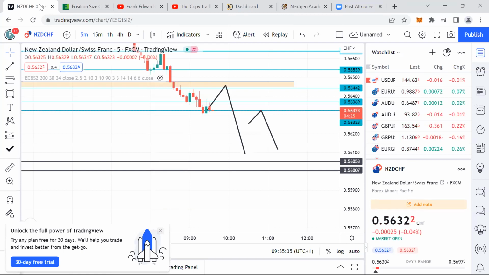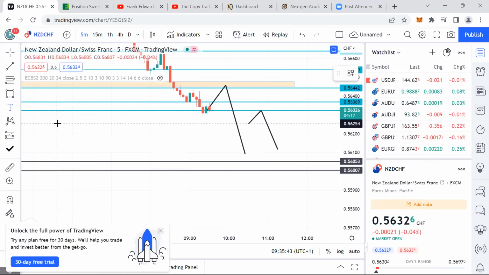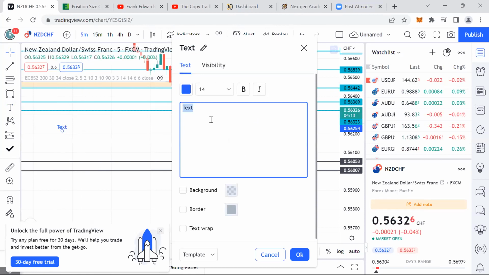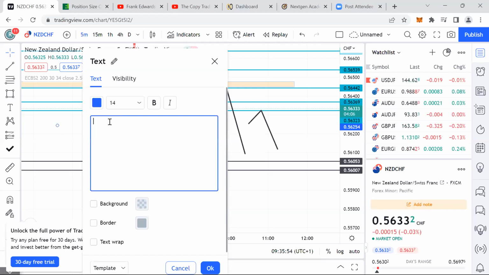So do I recap again? So we are looking at this NZDCHF, everything being as it is. Order type, sell limit.